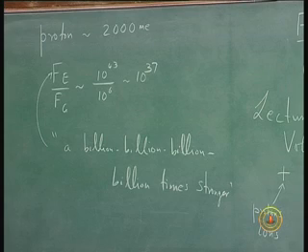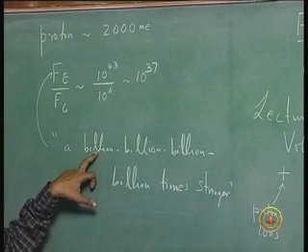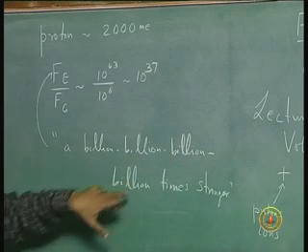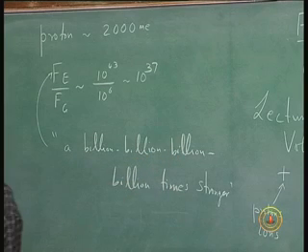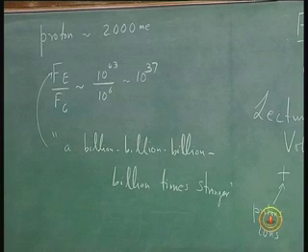Okay, 4 billions in a row, because a billion is 10 to the 9. You put 4 of them next to each other, 10 to the 9 to the power of 4 is 10 to the 36, and this ratio is actually 10 to the 37. So, the electric field is enormously more powerful than the magnetic field, than the gravitational field.